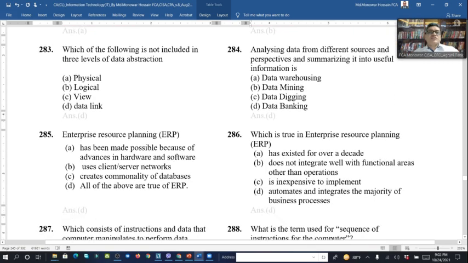Which of the following is not included in the 3 levels of data abstraction? Here physical, logical view are correct, so the answer is data link. Data link is not included in the 3 levels of data abstraction.